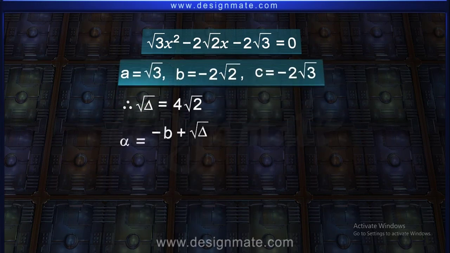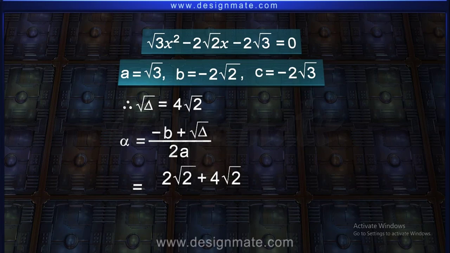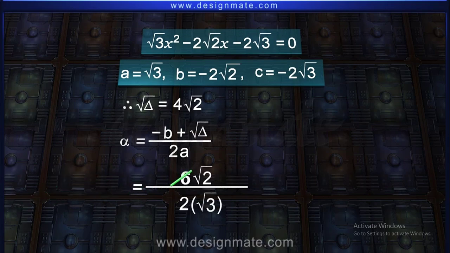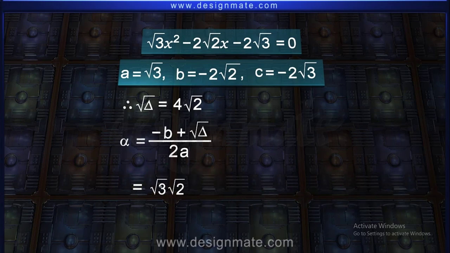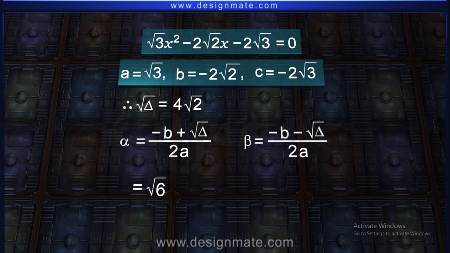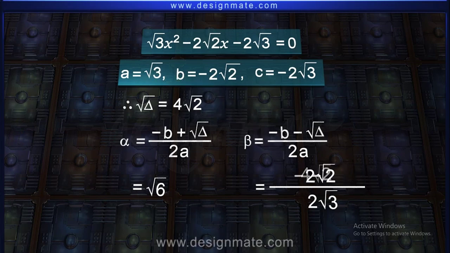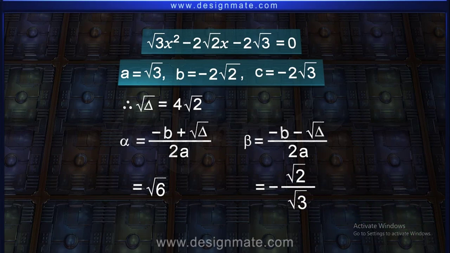Alpha = (−b + √delta)/2a = (2√2 + 4√2)/(2√3) = √6, and beta = (−b − √delta)/2a = (2√2 − 4√2)/(2√3) = −√2/√3.